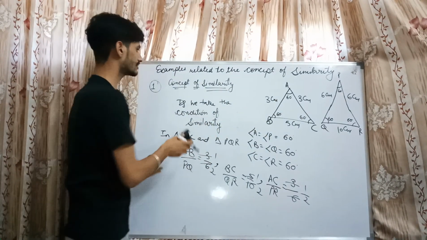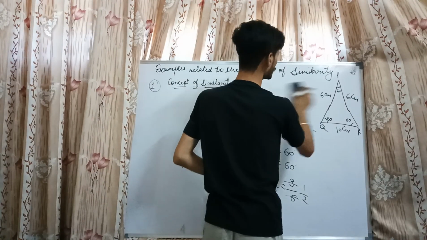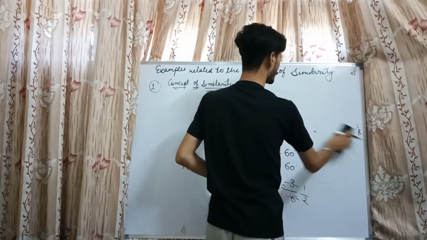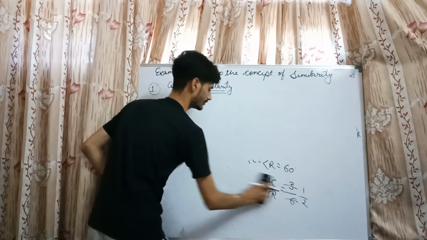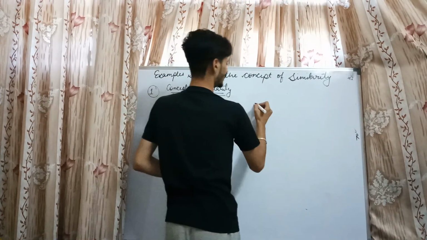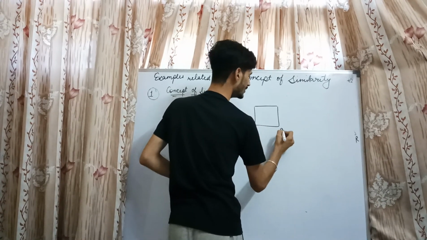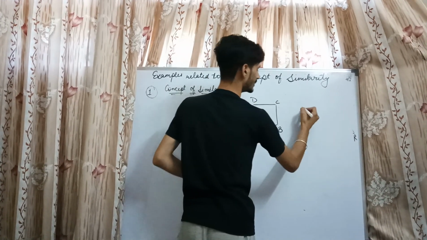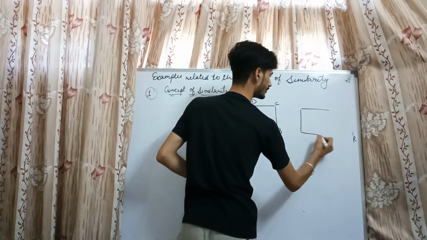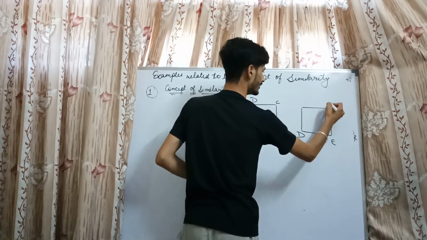For the last shape, I am taking the example of a square now. This is square ABCD, and this is square DEFG.